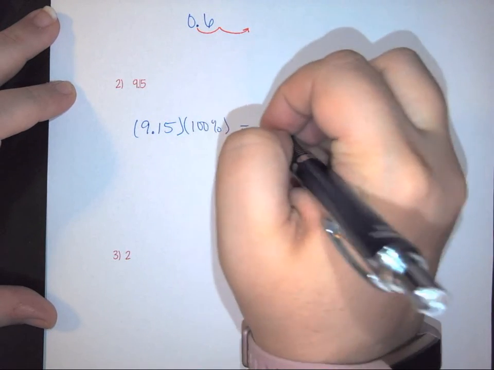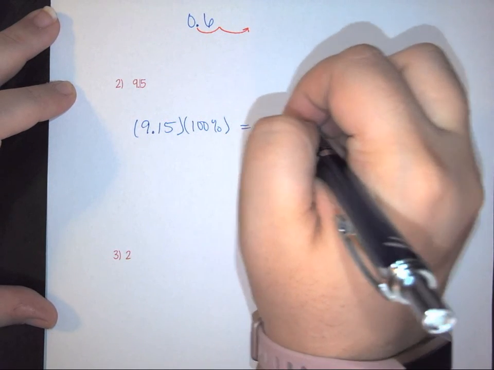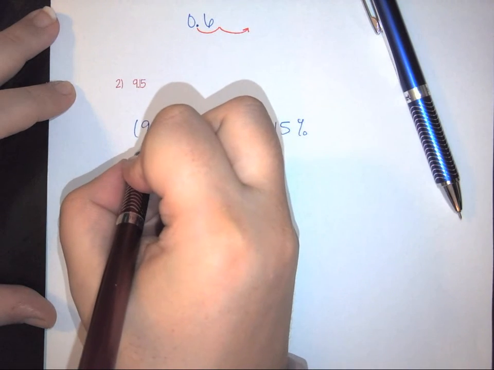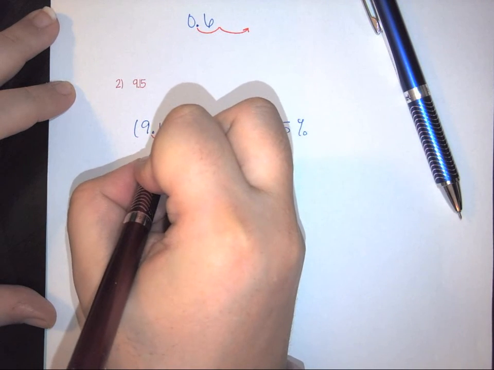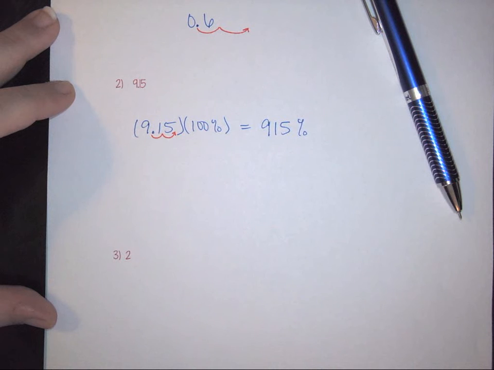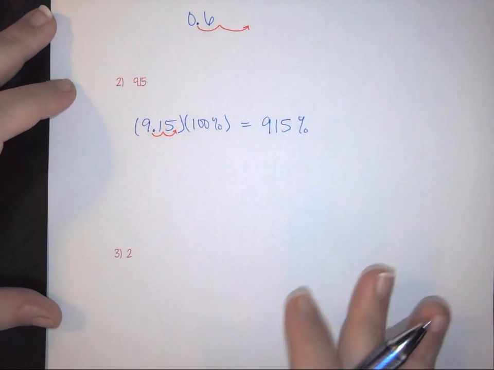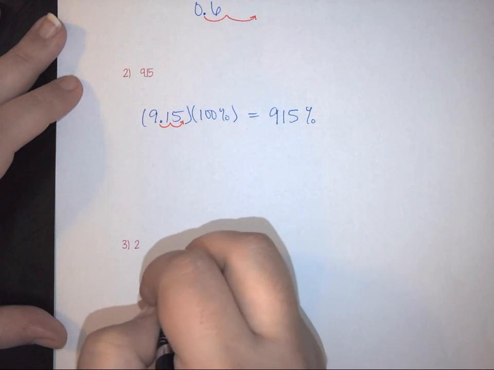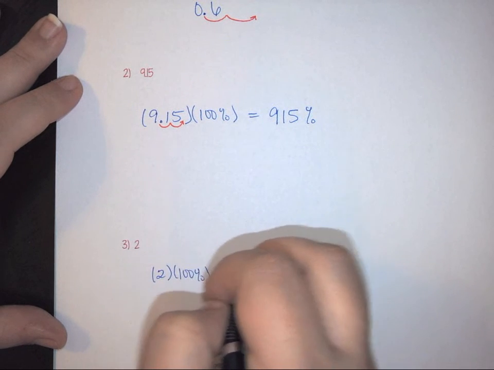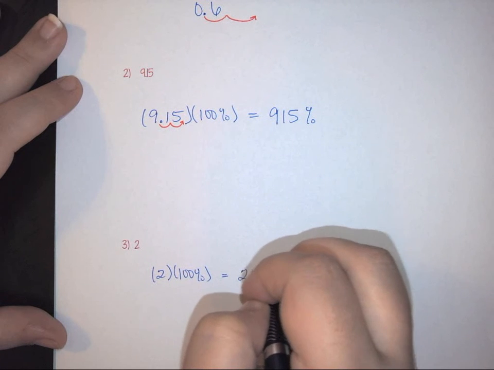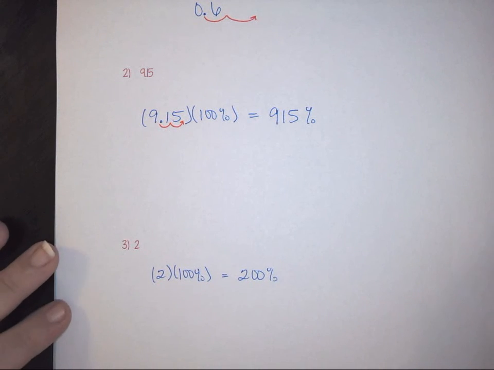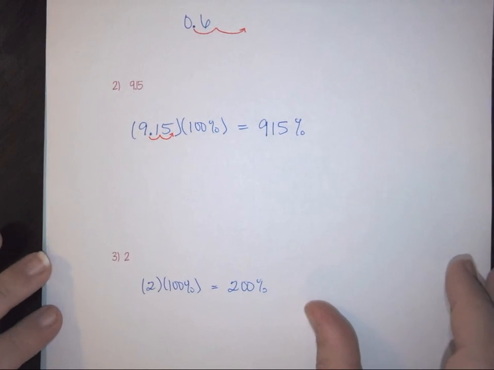Move my decimal place 2 places, and I get 915%. Again, we would move my decimal place once and twice to give you 915. Okay. Last but not least, here I have 2 times 100% gives me 200%. Or move your decimal place twice to the right and you get 200.